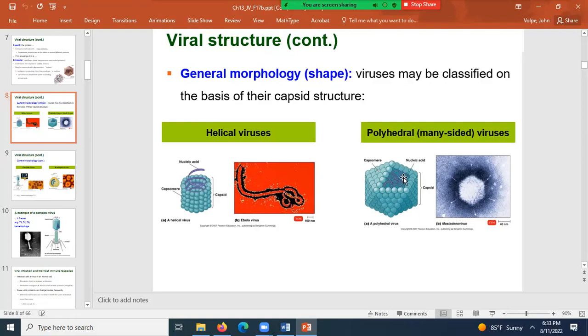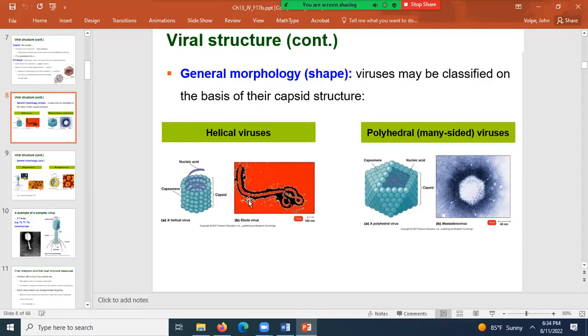Remember, a polyhedral virus is one that sort of looks like a many-sided dice. And there we have an actual polyhedral virus, although there's spikes protruding away from the polyhedron. But the capsid determines the helical shape.